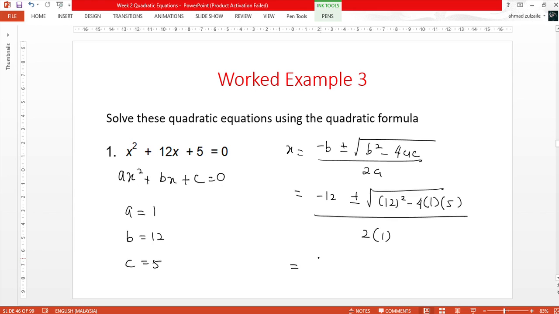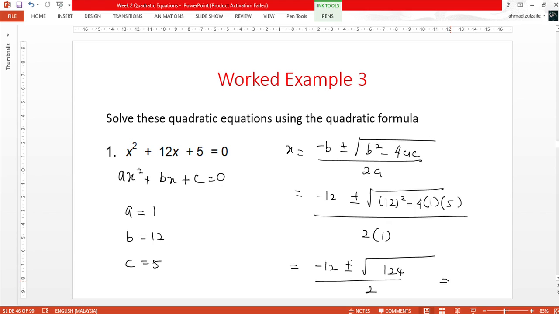Okay, so if you use your calculator over here, then we have negative 12 plus minus square root of 144 minus 20, which is 124, over 2. Okay, so you can simplify further.